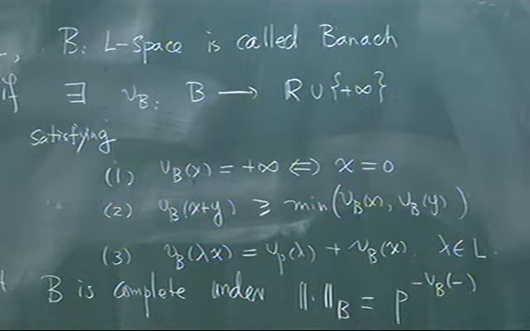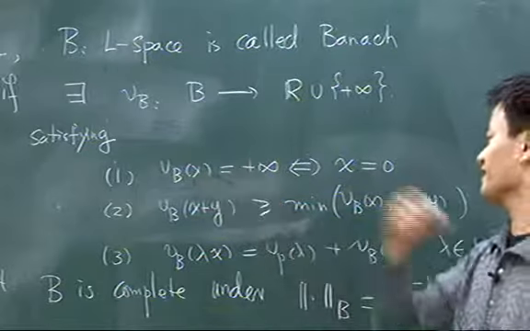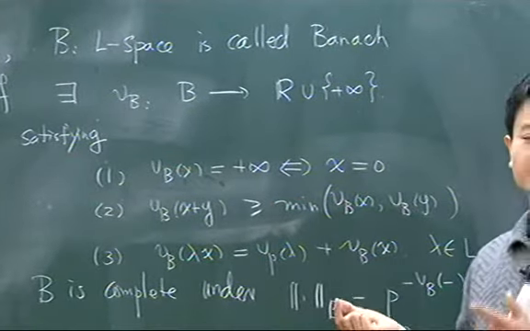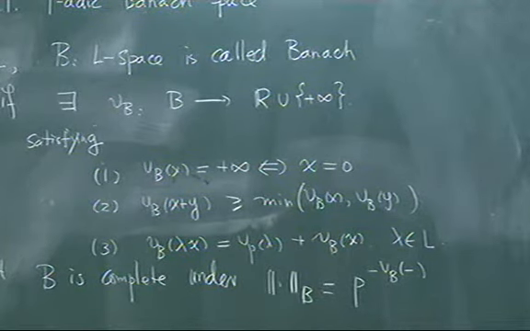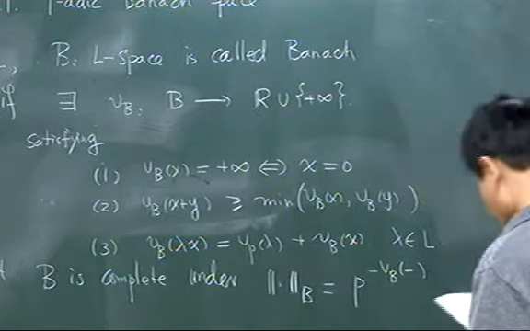So this is the same thing as a Banach space over real numbers. You say v_B(x) is plus infinity just means the metric is 0, right? So a Banach space is a complete normed space, so its norm is 0 equivalent to x is 0. This is the definition.